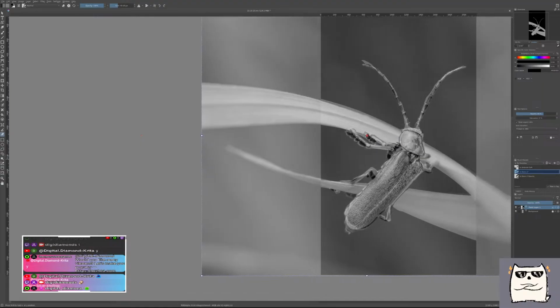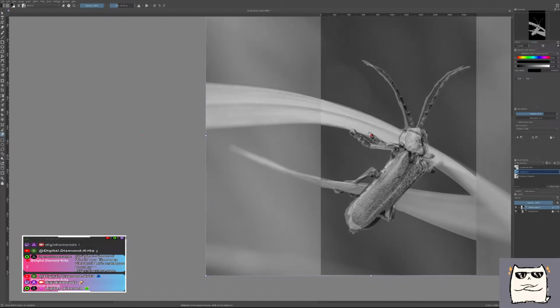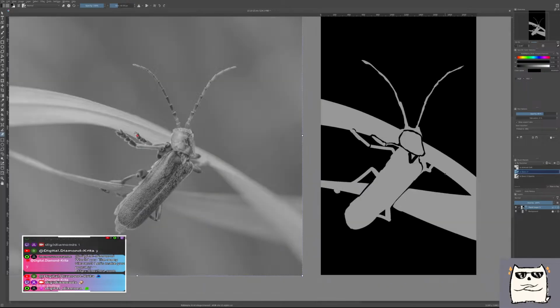Okay. Oh, it's... That. The whole head is off. It's messing up with my... His whole helmet here, or whatever you want to call it, is off.